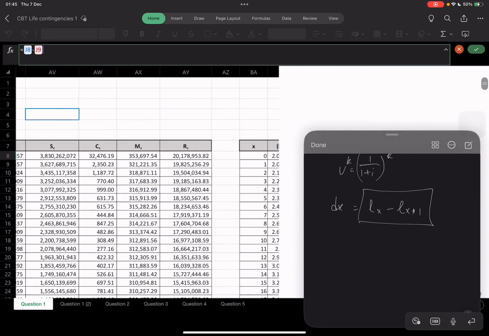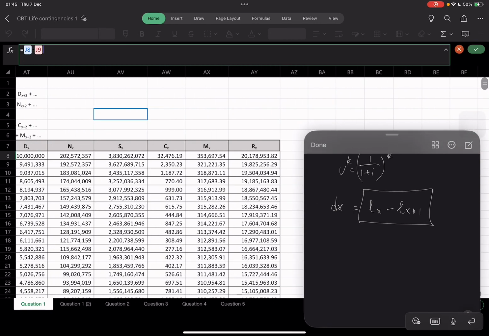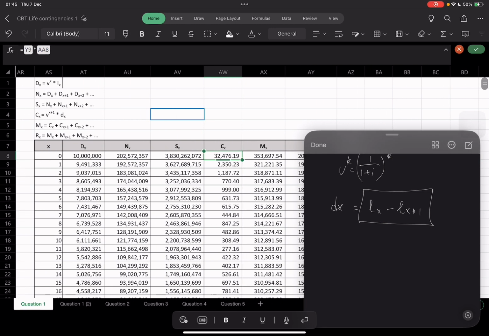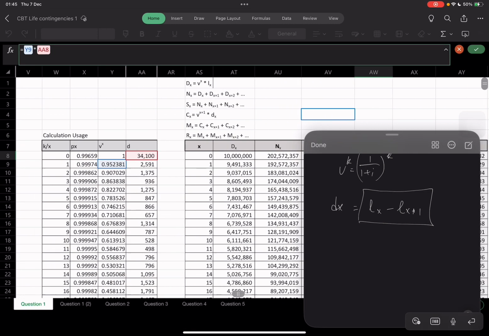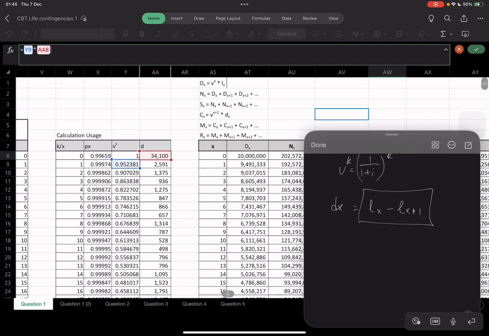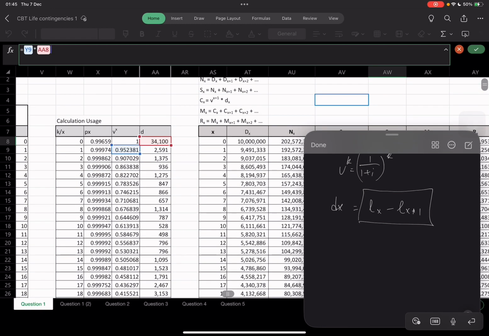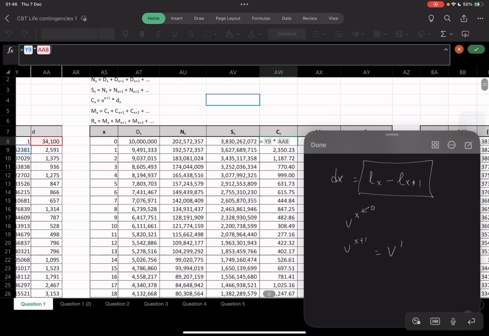And then we multiply it by v(x plus 1), because vx starts with 0. If v(x plus 1), that means it starts with v1.